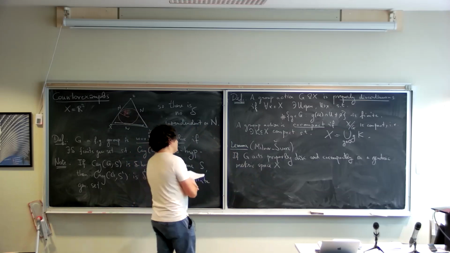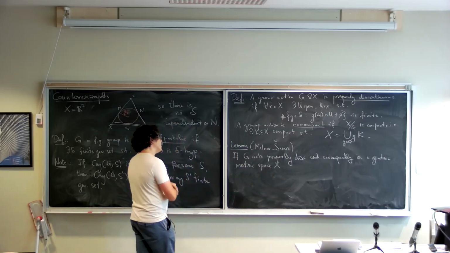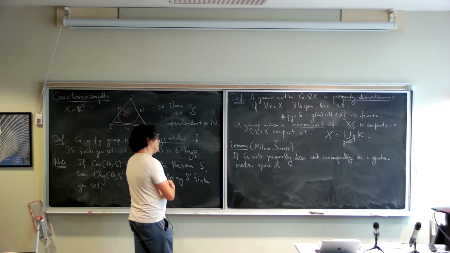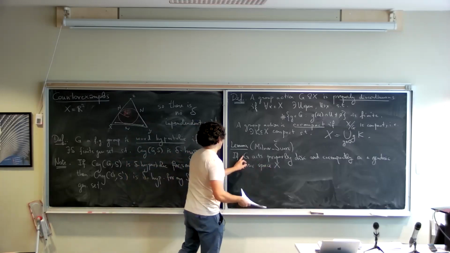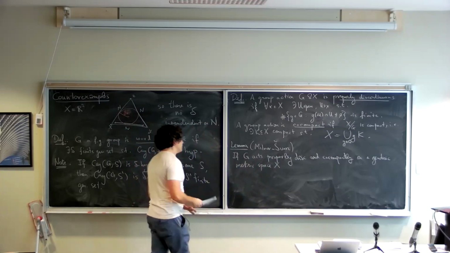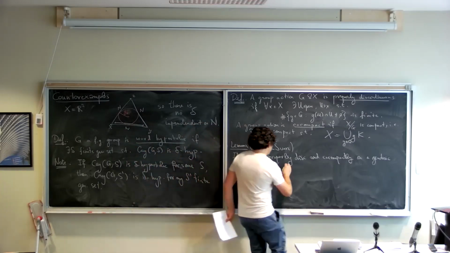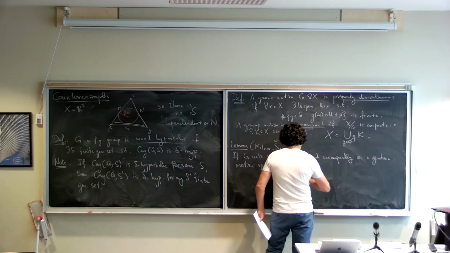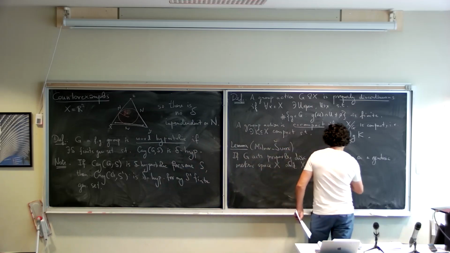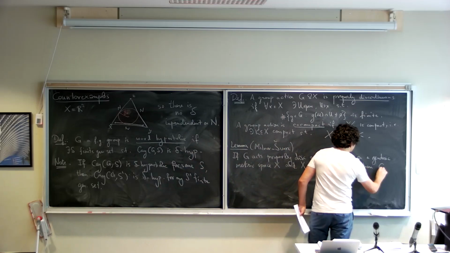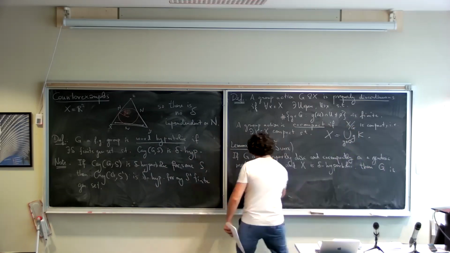What I want to say is that the induced metric on X and the metric on G are quasi-isometric to each other, and X is delta hyperbolic. Then G is word hyperbolic.